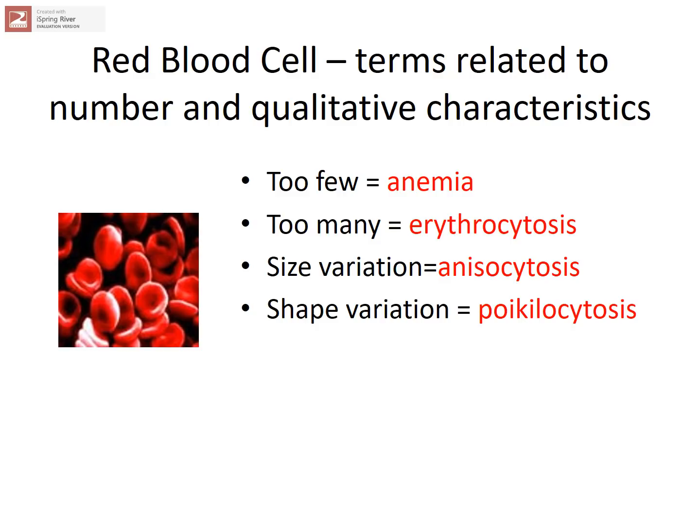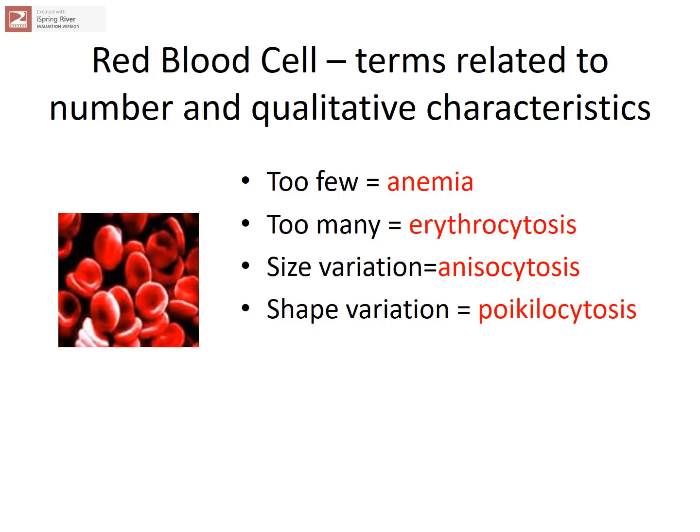Size variation is referred to as anisocytosis or varying cell size. We'll talk a little bit about the variation in red blood cells and how that can help diagnose disease in a little while.